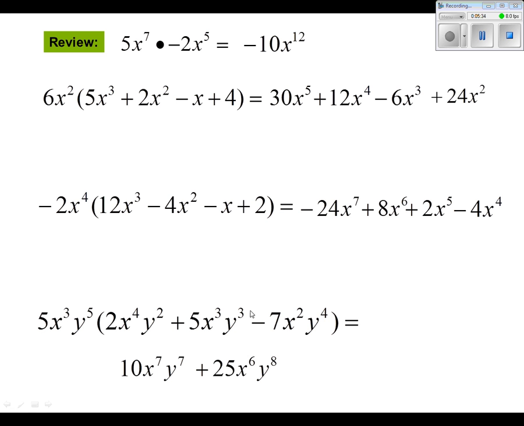And then 5 times negative 7 is negative 35. 3 plus 2 is 5, and 5 plus 4 is 9. And because we're dealing with alphabetical order, x's go first, highest exponent of x goes first, and then the lowest exponent carries through to the end. So this is standard form.